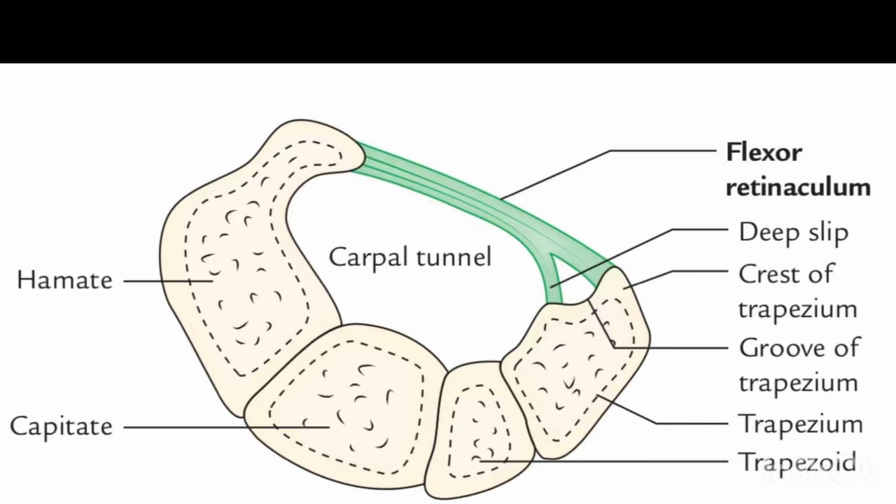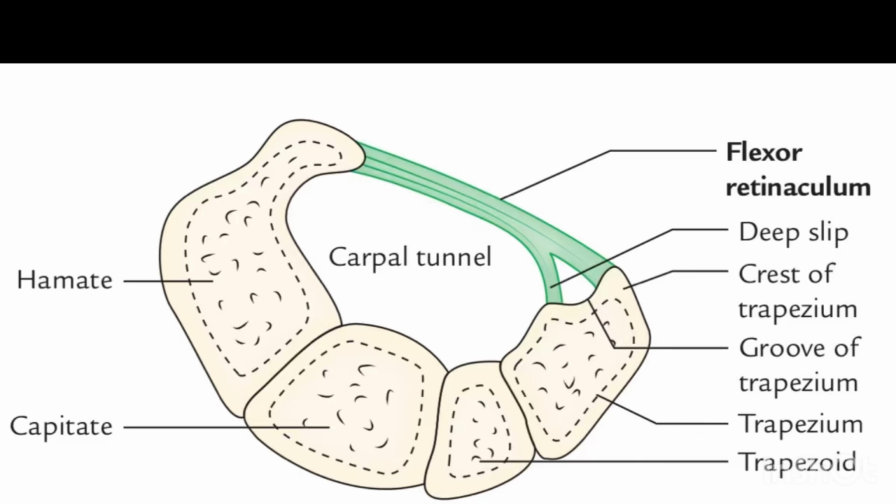So what is the carpal tunnel? The carpal tunnel is a tunnel-shaped or oval-shaped space that transfers neurovascular structures from the forearm to the hand. It is a deep palmar or carpal arc, formed by the boundaries of the carpal bones.